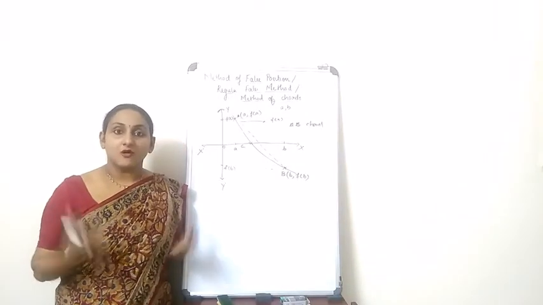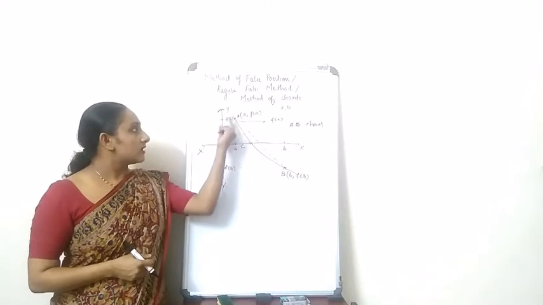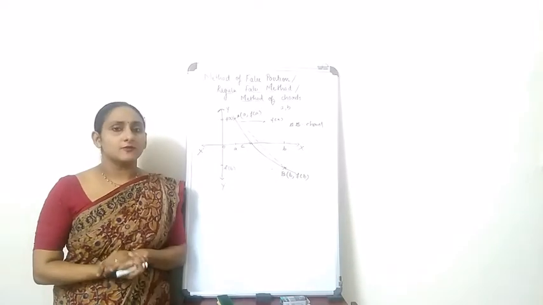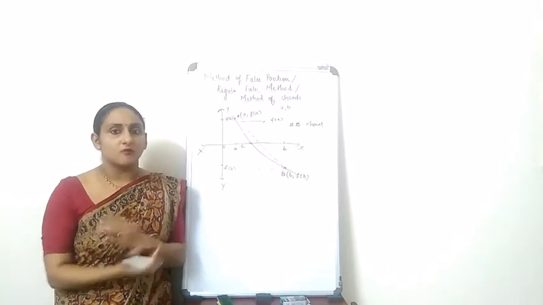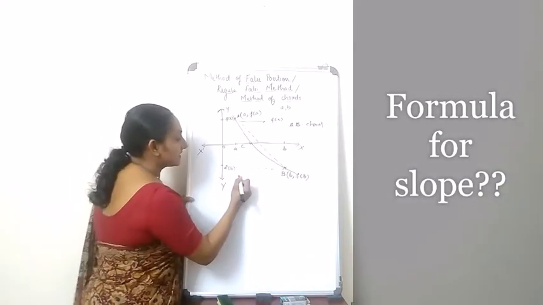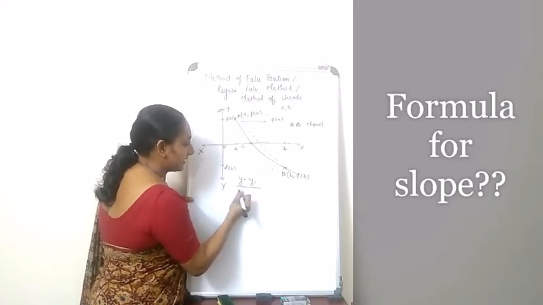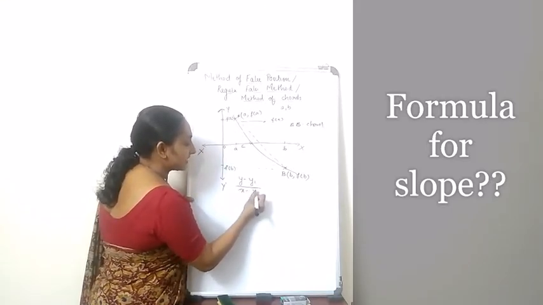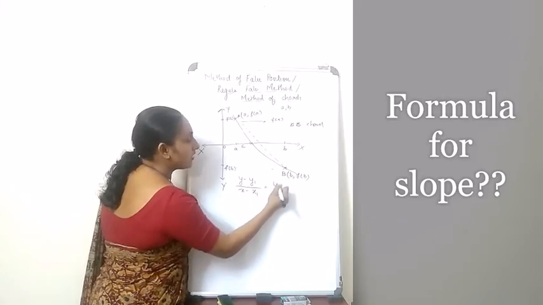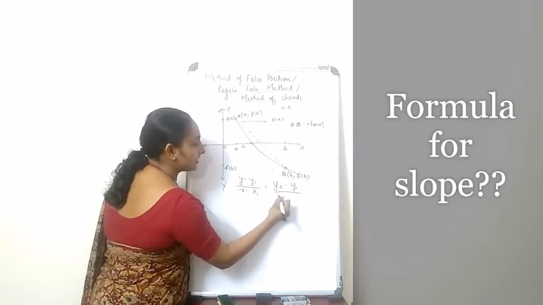I hope you have all studied the slope of a line, right? So for a and b, what will be the slope? What is the formula for that? Yes, we'll write down the formula. It's (y minus y1) divided by (x minus x1) is equal to (y2 minus y1) divided by (x2 minus x1).